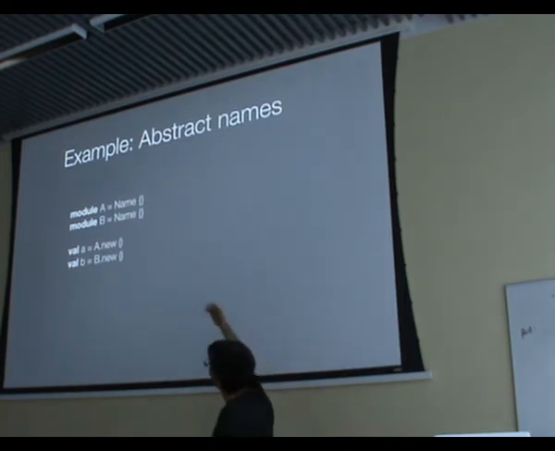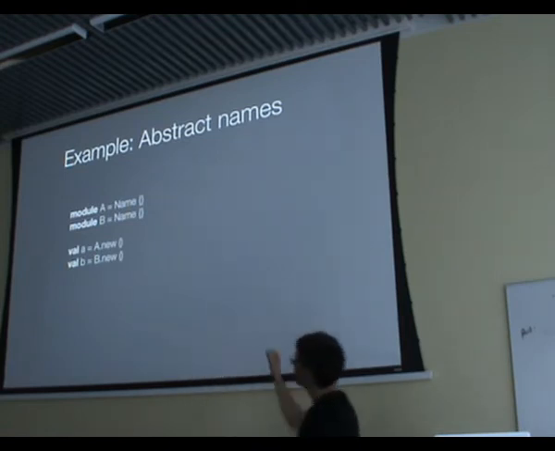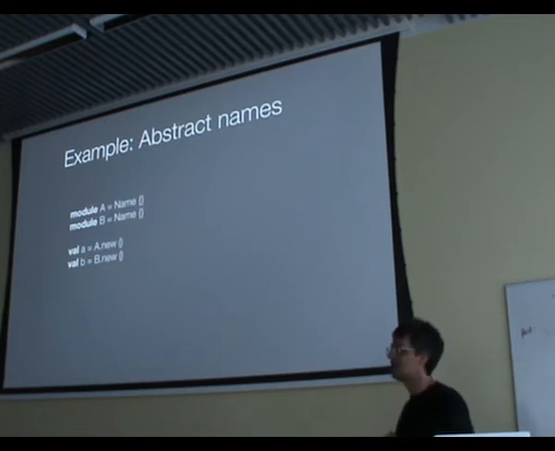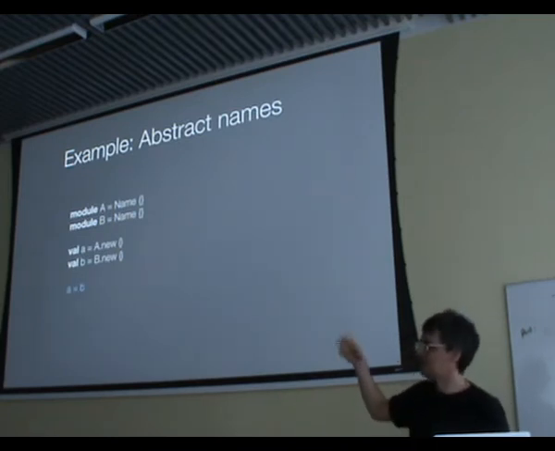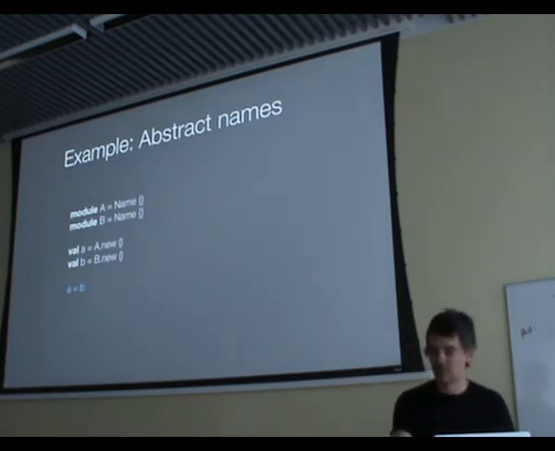When I apply the same functor twice, it returns the same type. But when I now apply the new function of the two separate modules, they have two copies of the state, but only one type associated to them. This actually breaks the invariant of my implementation, because the new function doesn't guarantee freshness anymore. In this example, A and B will be the same.